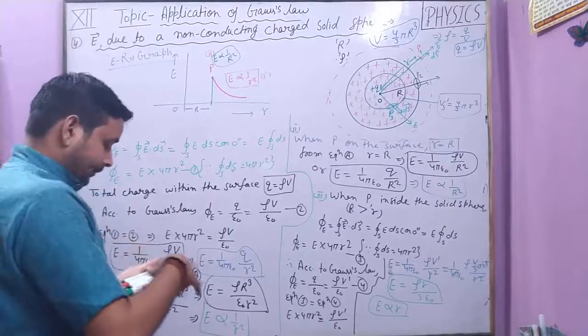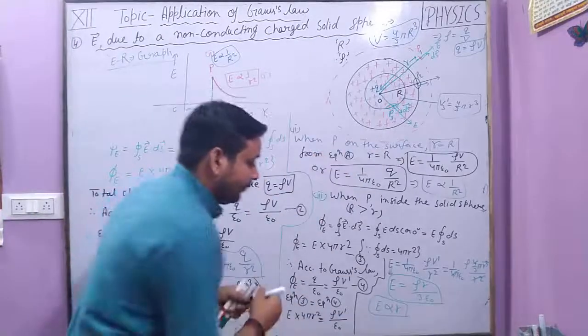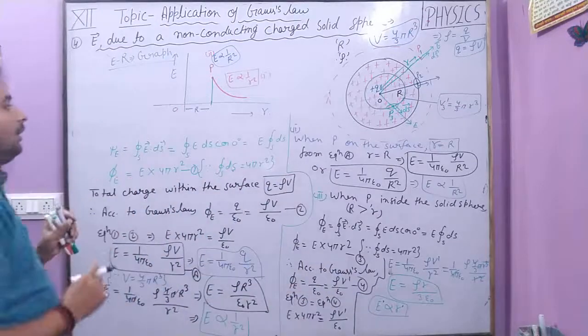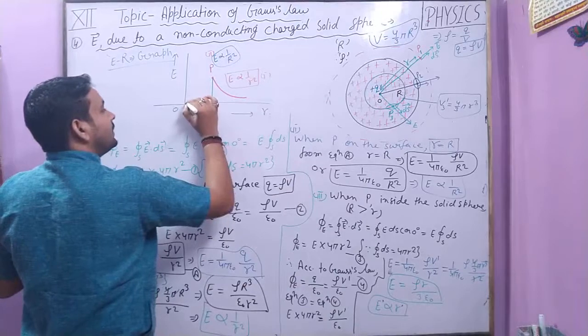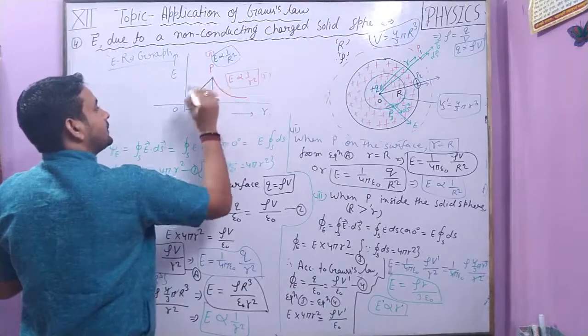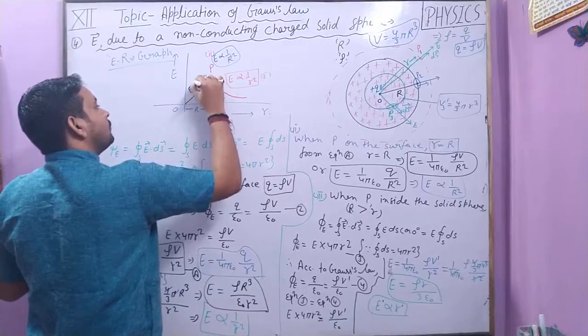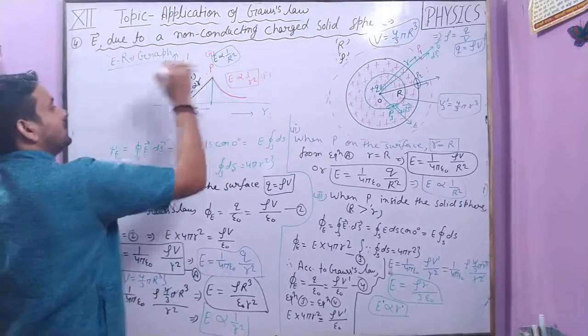And when it is inside the shell, then we have a linear relation, and you know that the linear relation gives a graph of increasing value, which is this. This result is E proportional to small r. Okay, this is your first result.